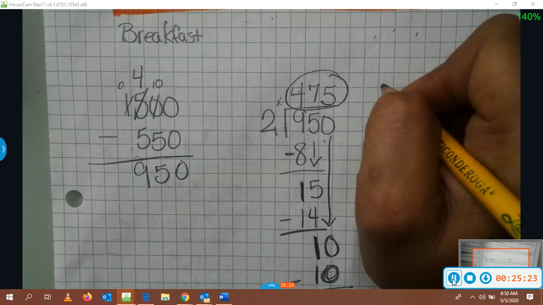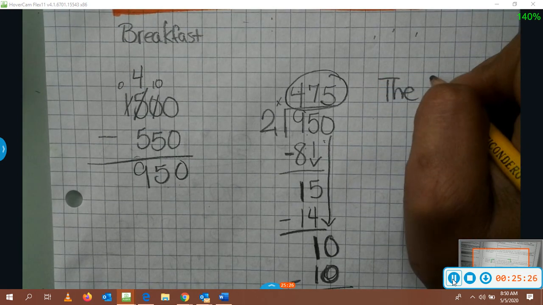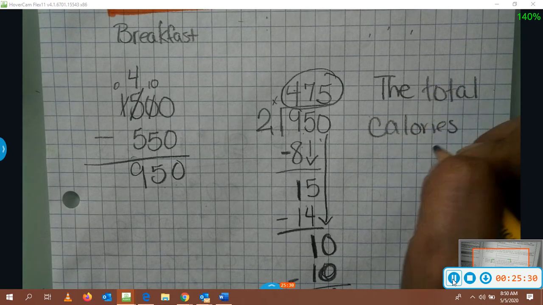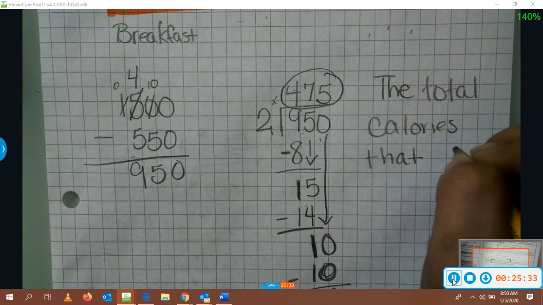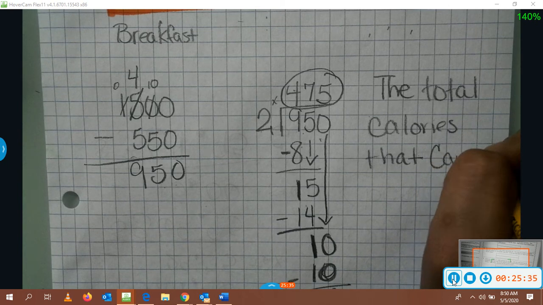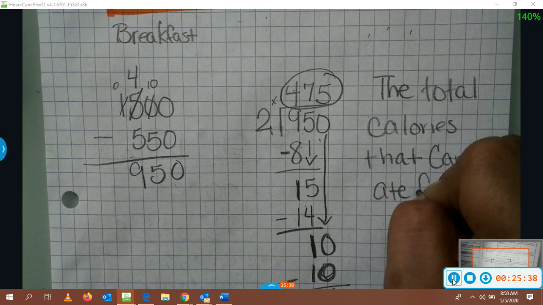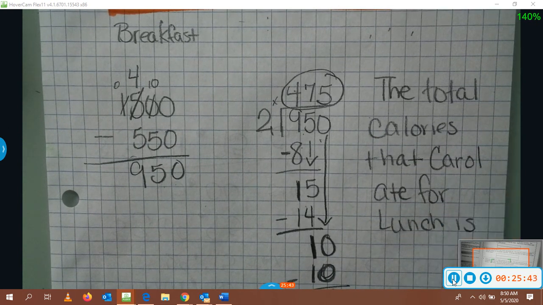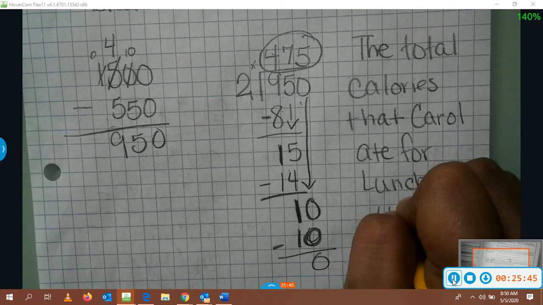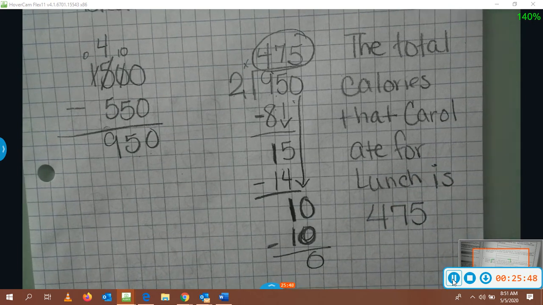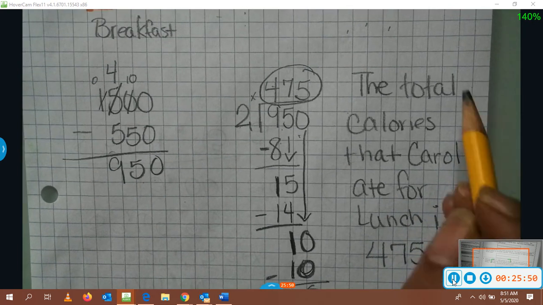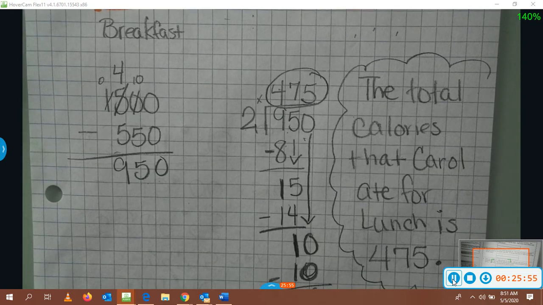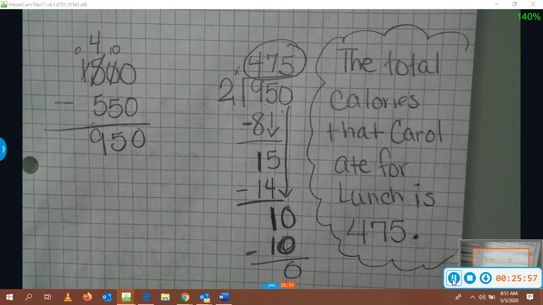So the total calories that Carol ate for lunch is 475. And this is our answer, all nicely written in word form.